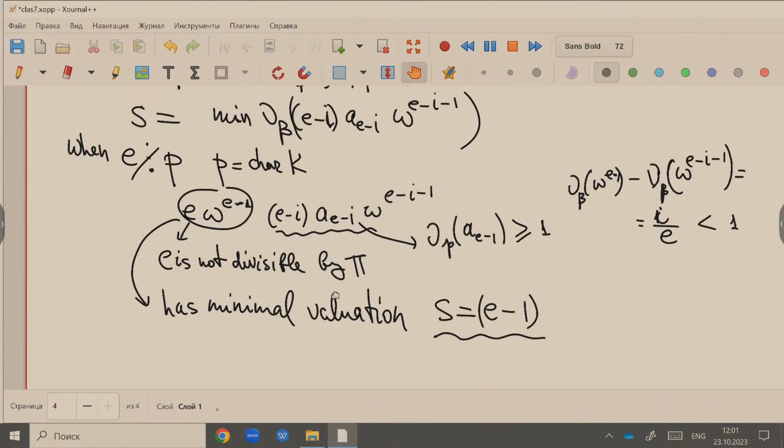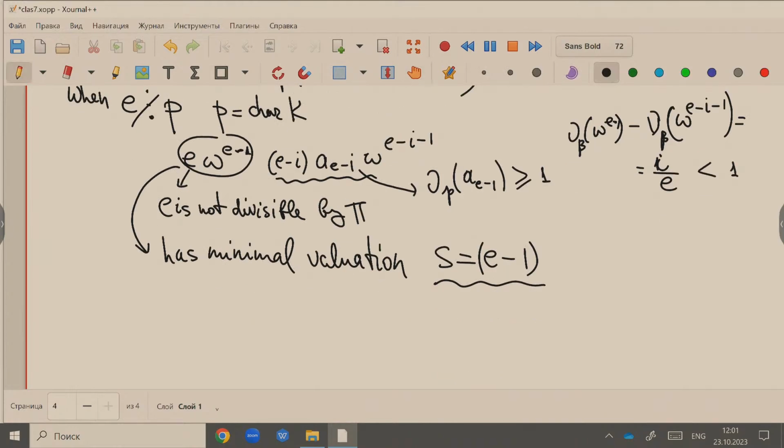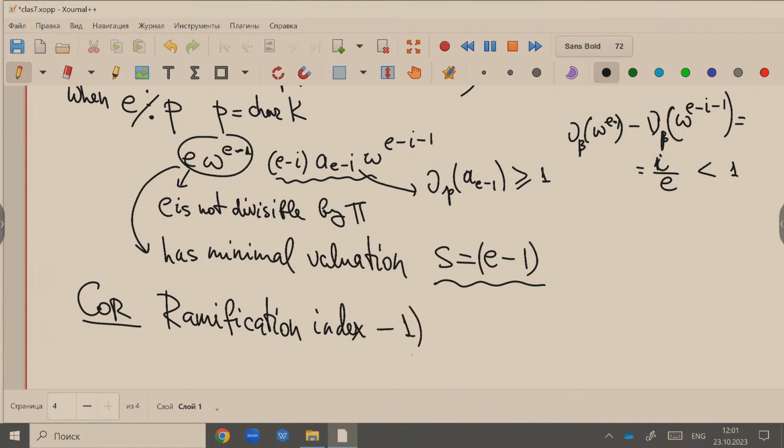So the corollary: the ramification index minus 1 is less or equal than the index in the different.